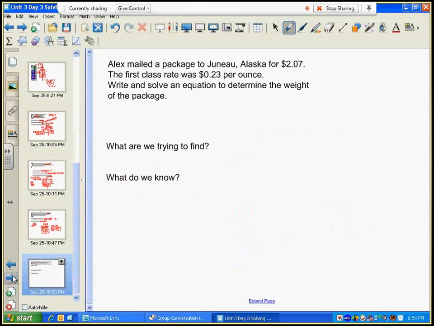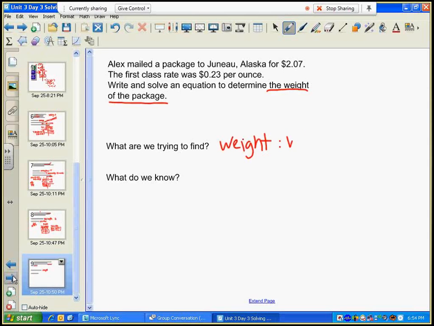Alex mailed a package to Juneau, Alaska for $2.07. The first class rate was 23 cents per ounce. Write and solve an equation to determine the weight of the package. Okay, so what am I trying to find? The weight of the package. What should we call that variable?